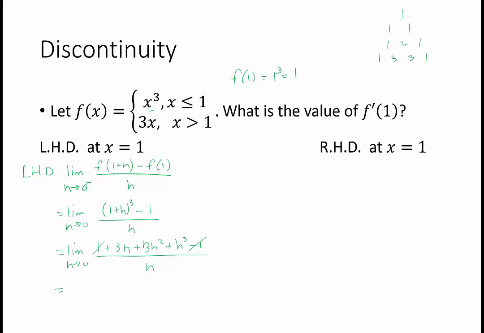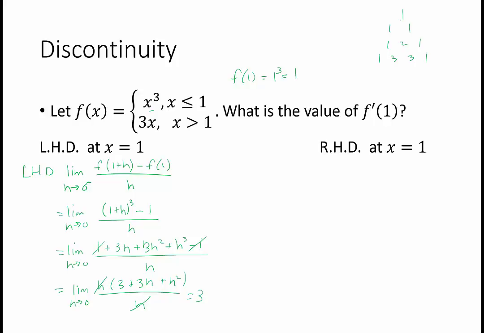There's a common h. You'll see this theme coming through loud and clear. Whenever we use the h, there's a common h. So we get 3 plus 3h plus h squared all over h. Cancel out the h's, apply the limit, and I get 3.